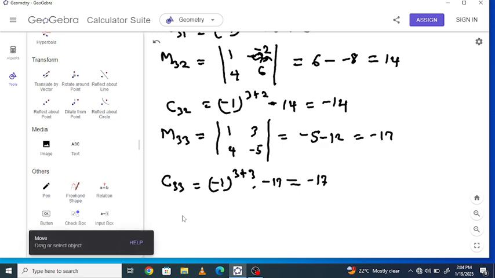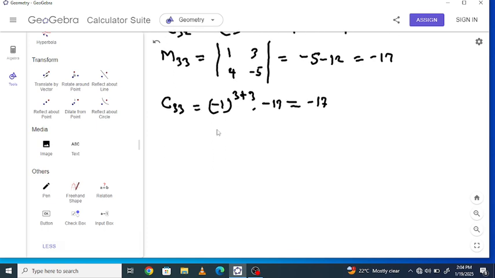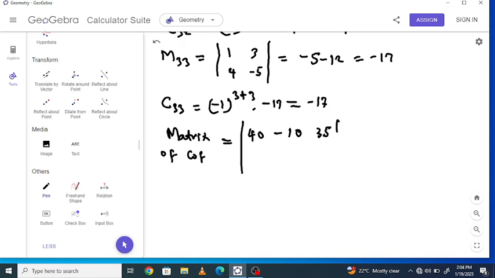And now we need the matrix of cofactors. Before we get the adjoint, we have the matrix of cofactors, where you put all the cofactors together. We're going to have 40, negative 10, 35, negative 16, 8, 4, 8, negative 14, negative 17.